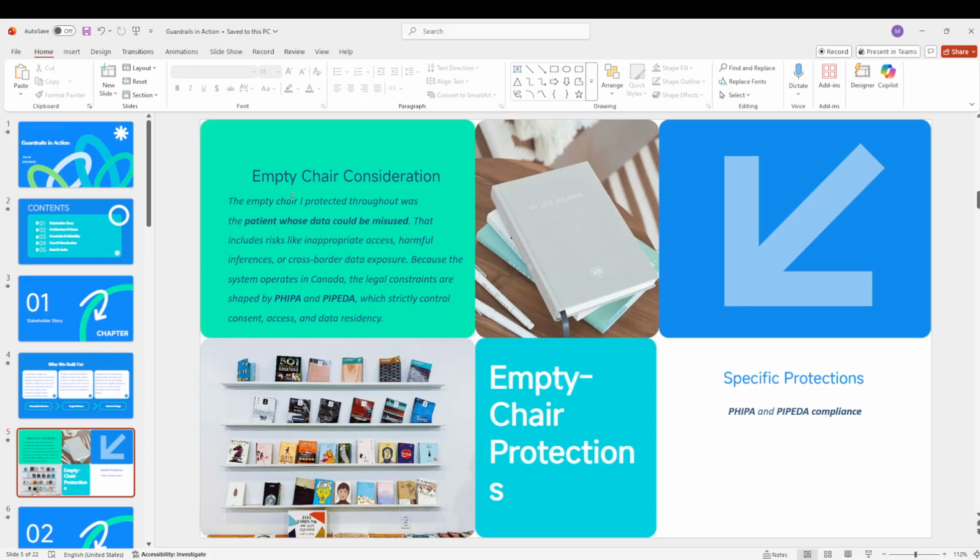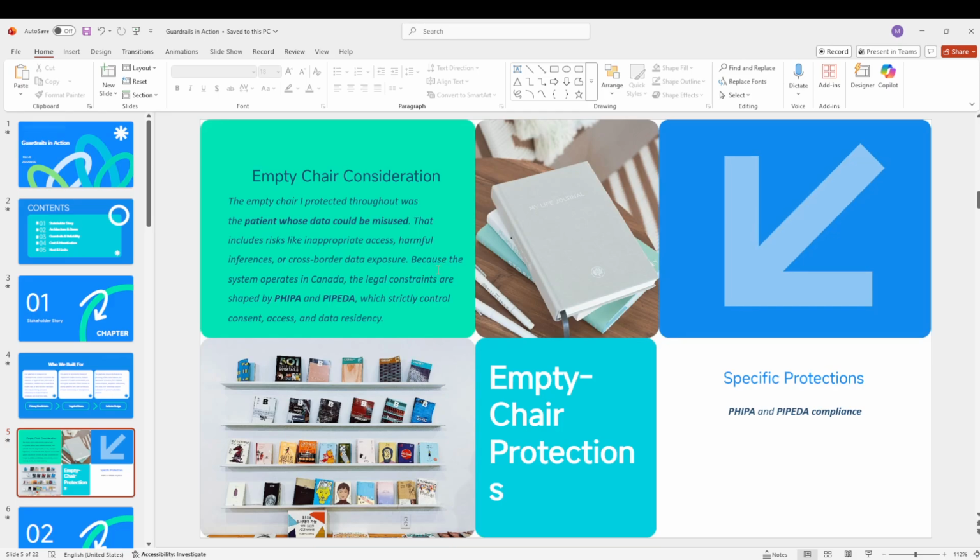Moving on to our empty chair consideration. The empty chair we protected throughout the project was patients whose data could be misused. That includes risks such as inappropriate access, harmful interference, or cross-border data exposure.